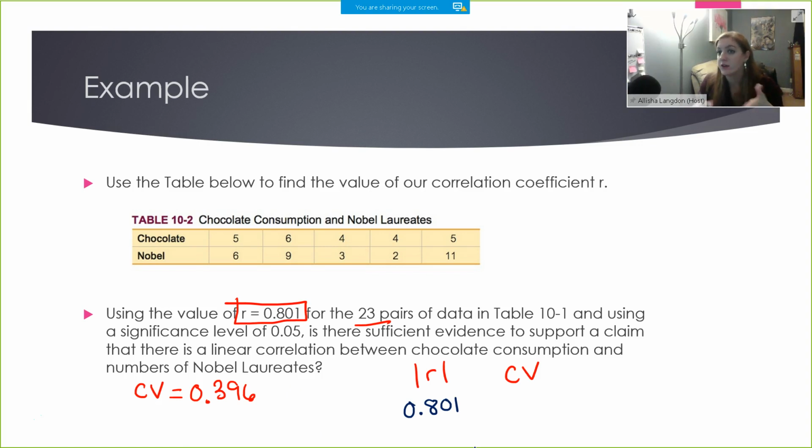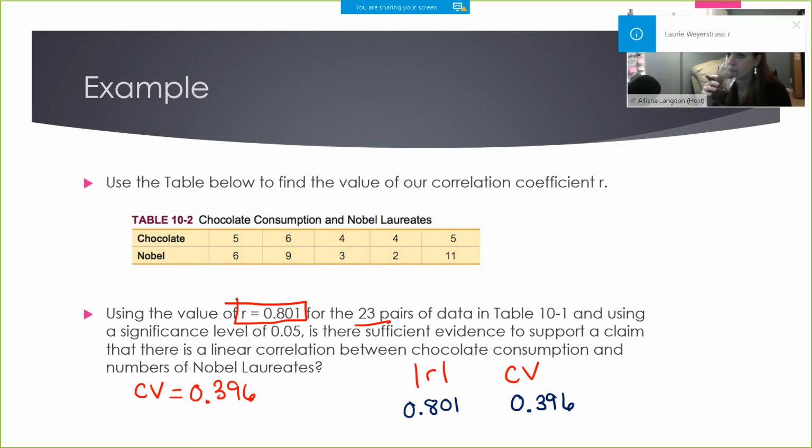That absolute value just turns everything to a positive. And our critical value is 0.396. Now, which number is larger here, our R or our critical value? Our R is going to be larger, so we're going to throw a greater than symbol there.